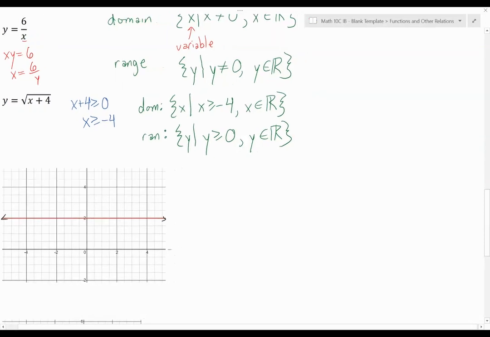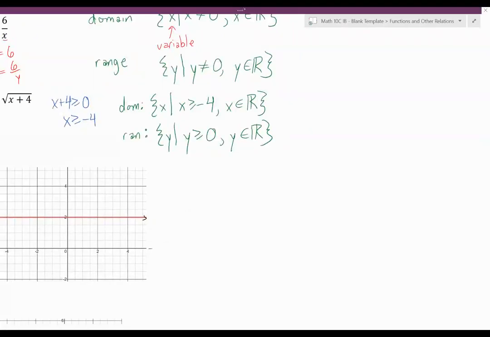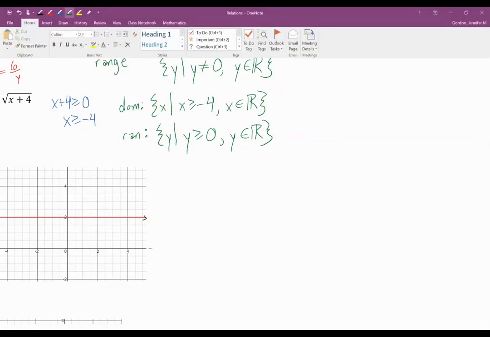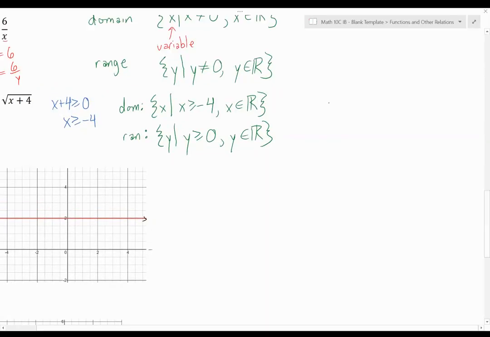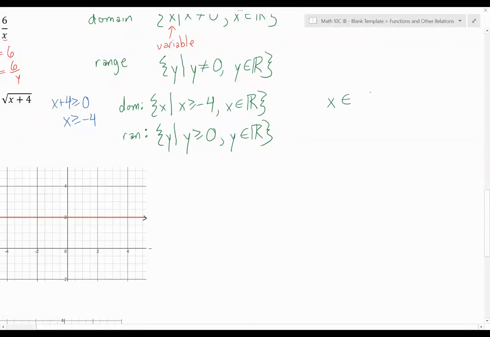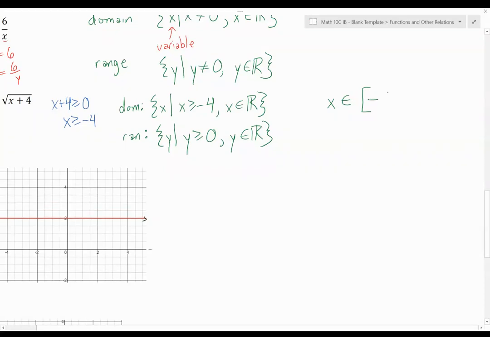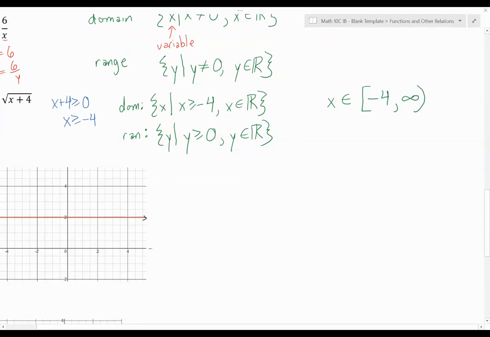There is another way of writing these domain and range notations, and this is called interval notation. So I can say x is an element of, so it's greater than or equal to negative 4, I'm going to write a square bracket, negative 4, comma, infinity, and then a rounded bracket. The square bracket means that the negative 4 is included.